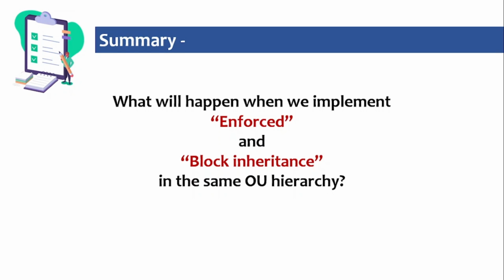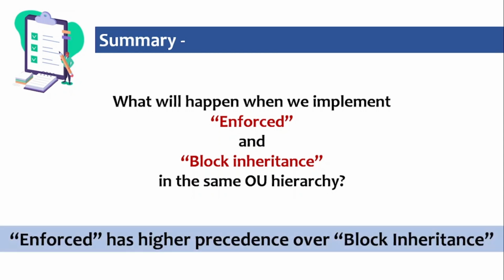We understood there's a conflict between block inheritance and enforce, and we found out that enforce has a higher precedence over block inheritance. So enforce will always win over block inheritance if we have both implemented in the same OU hierarchy.